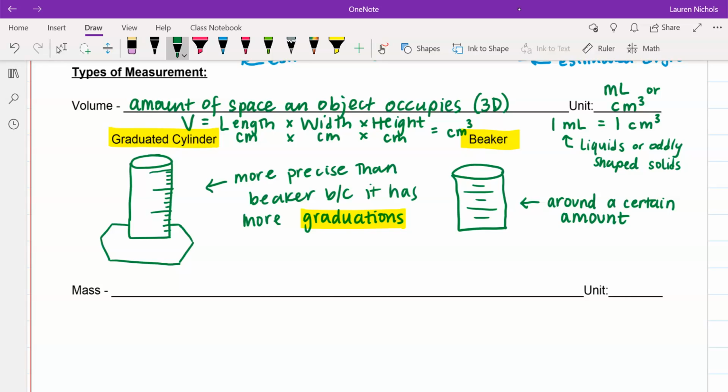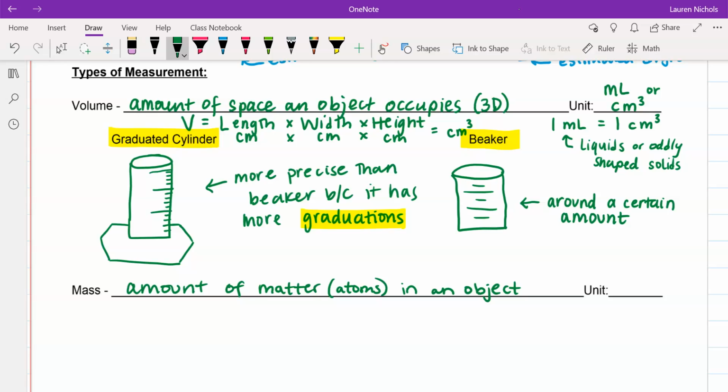Now, for mass, mass is the amount of matter. And remember, matter is made up of atoms, so the amount of matter in an object. And remember, you're made up of atoms. So you're made up of matter. So you matter and are important.